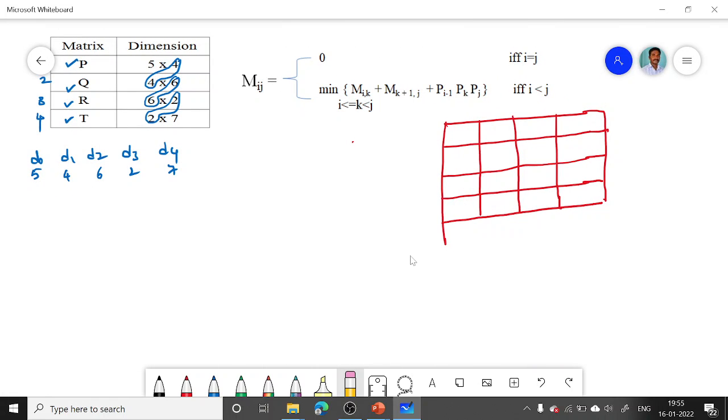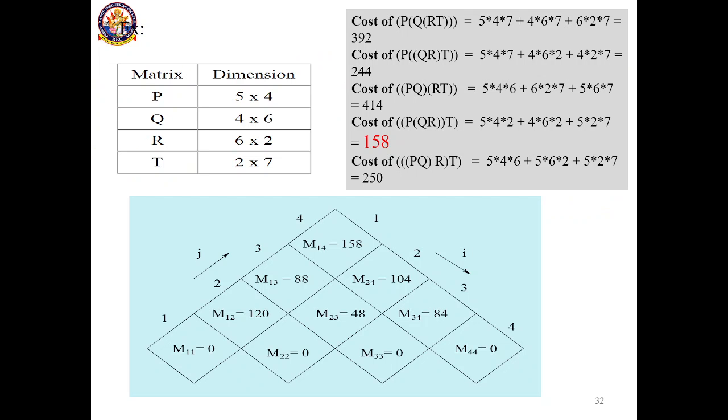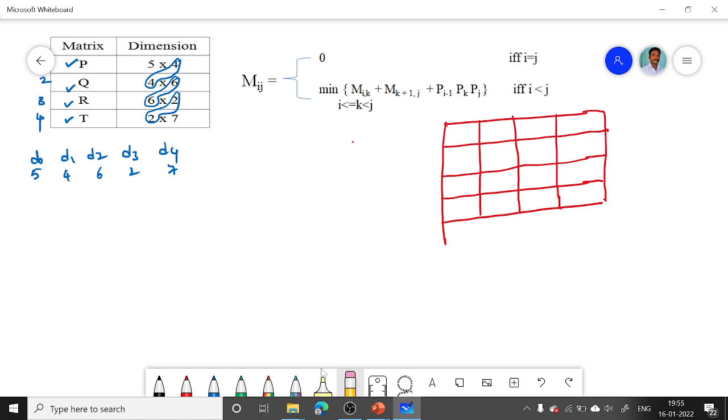So my rows are 4 rows, four columns. My I is this one and J is this one.